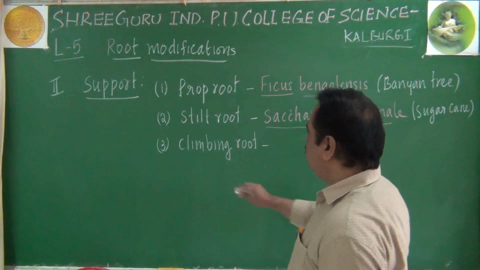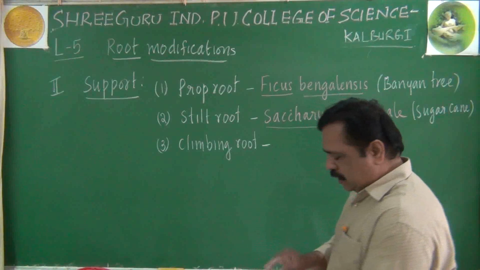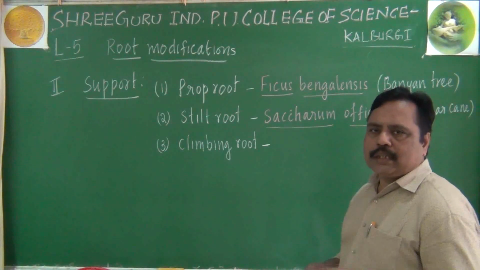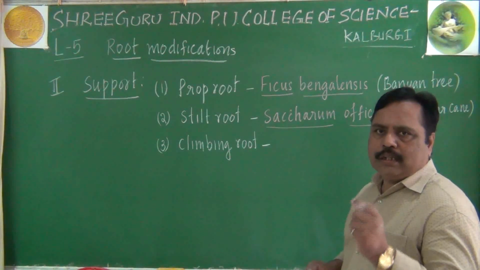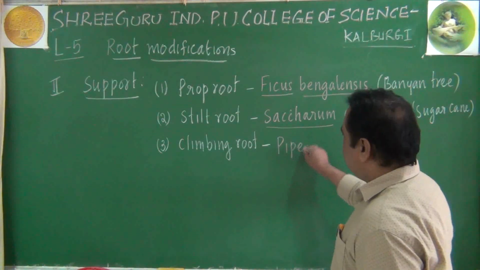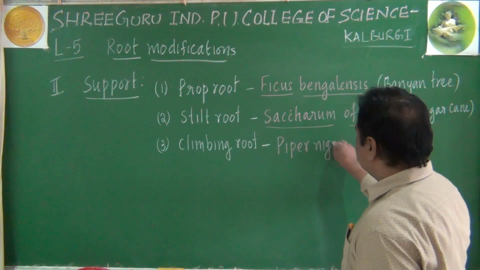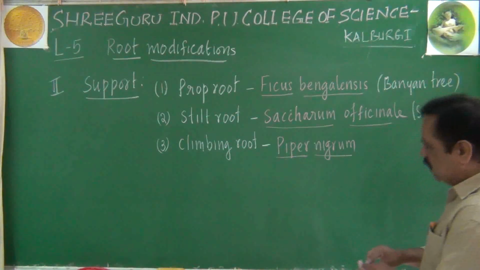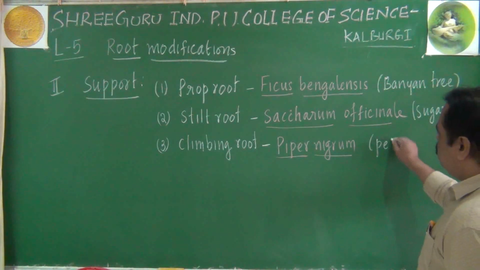That is a climbing root. Example for climbing root is Piper nigrum, pepper. Remember where we can come across this type of climbing root. It is commonly called pepper plant.